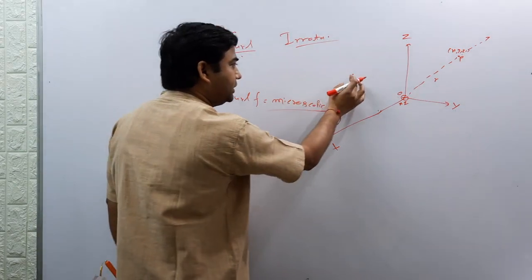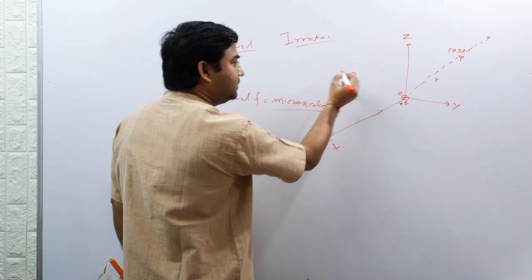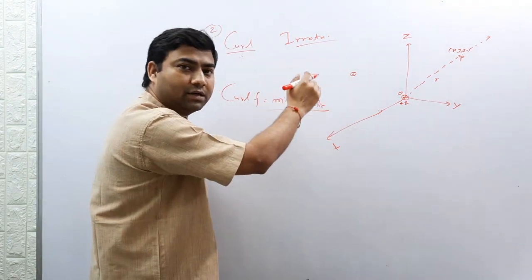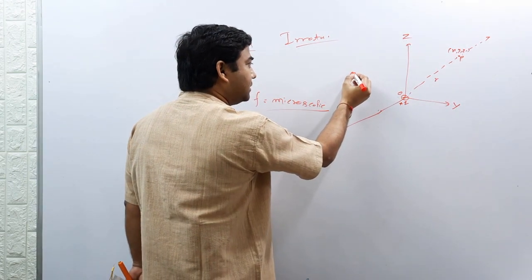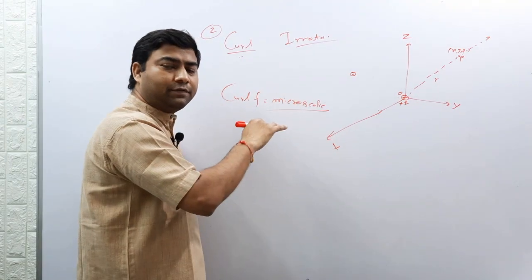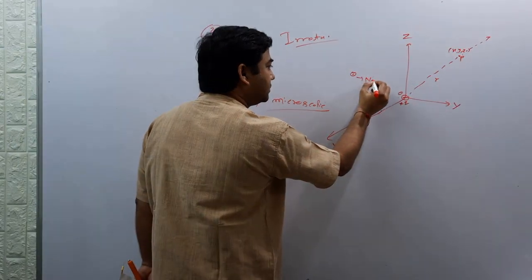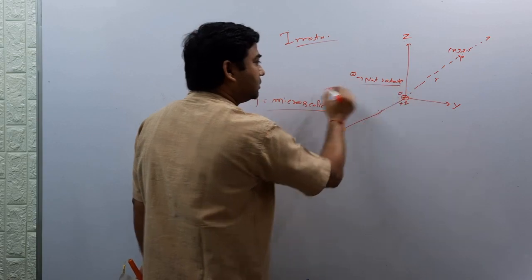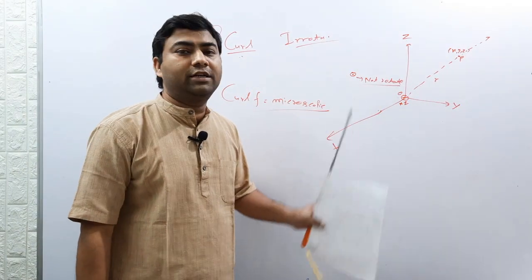So for a point, just put an imaginary ball at that point where we are finding curl. If curl is 0, this ball will not rotate due to the vector field.